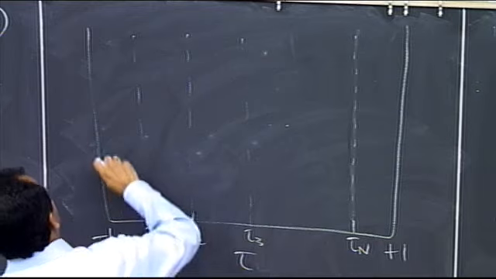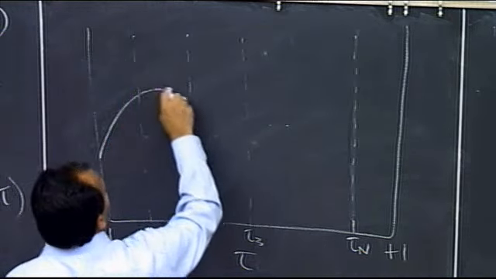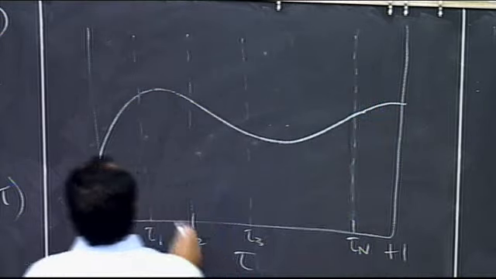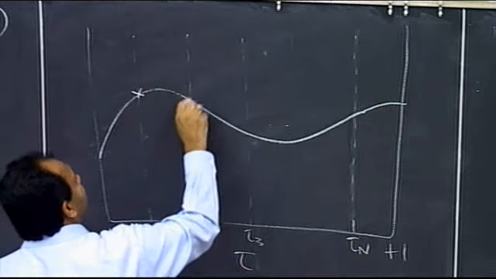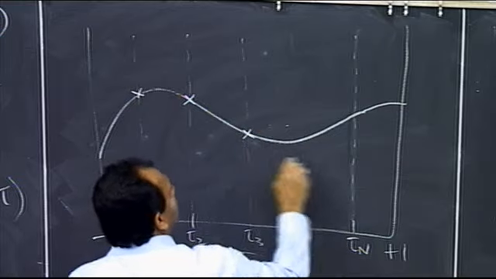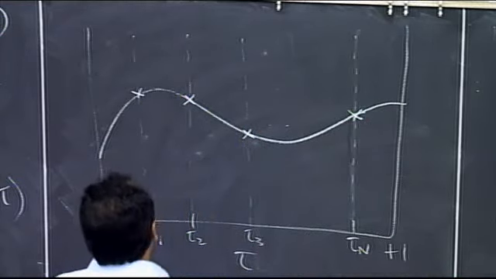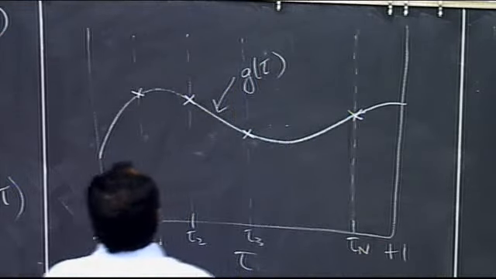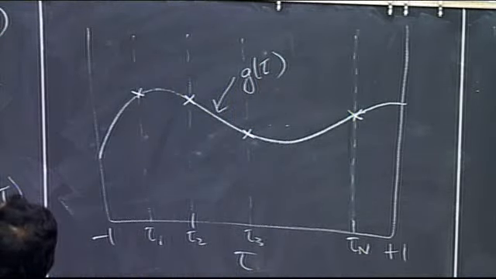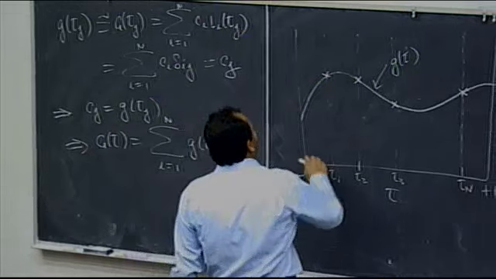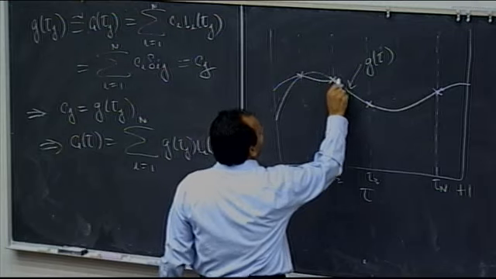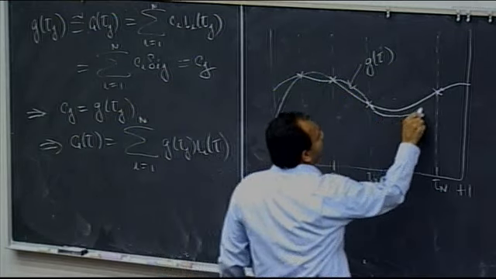Now let's suppose that this is my function. This is g of tau. Okay? So I've got this function here. So you can see that the values of g of tau j are here. So this is little g of tau. It says that my approximation, which is big G of tau, has to satisfy the condition that it must pass through these particular points.